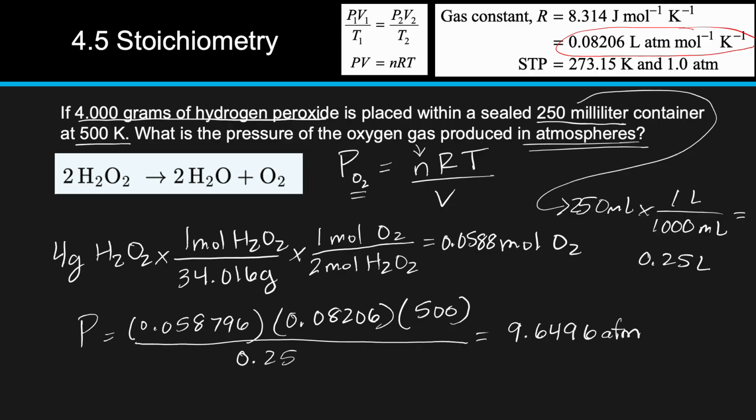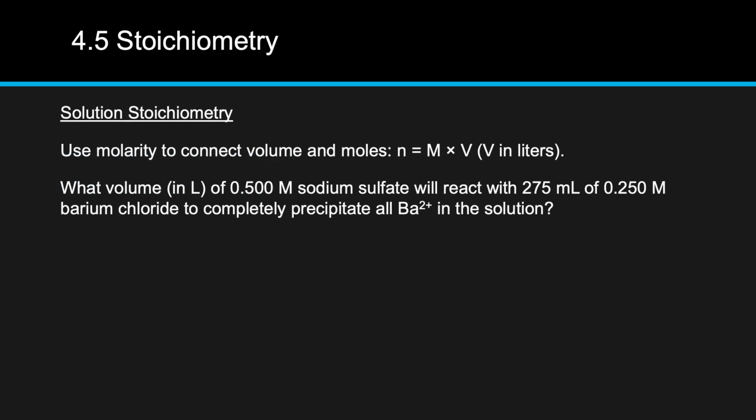And then I need to make sure my sig figs are correct. Technically, my Kelvin was in 1 sig fig, so I should be answering in 1 sig fig. So that's going to round up to 10 atmospheres of pressure.